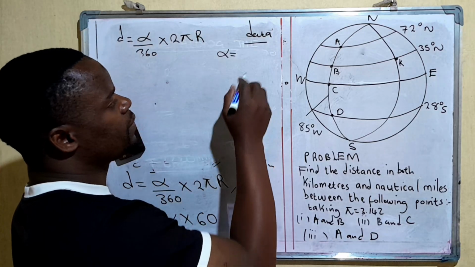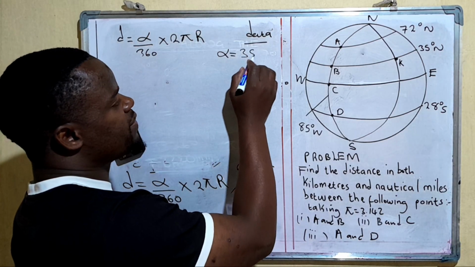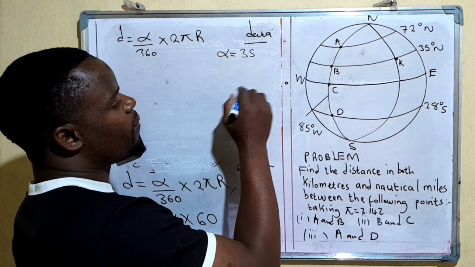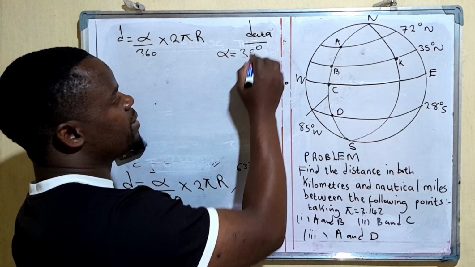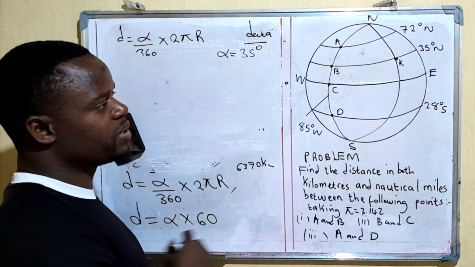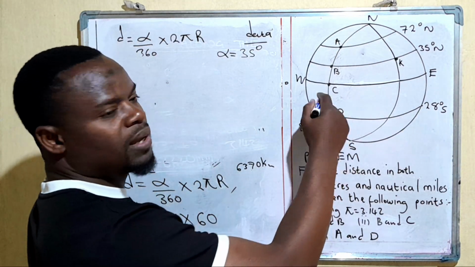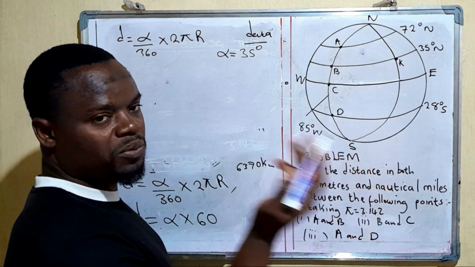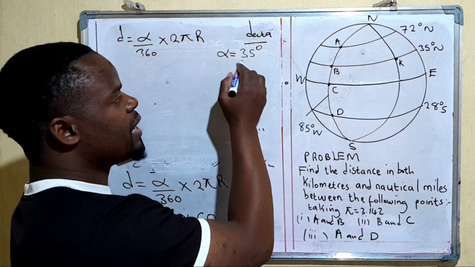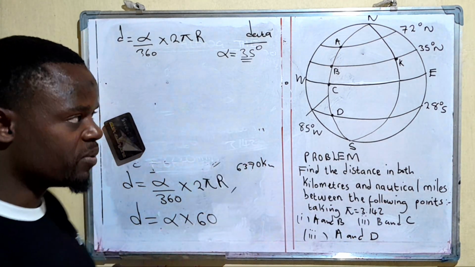So what we have is 35 degrees, because this one equates to 0. Whatever we do, whether we subtract or add, the answer will still be 35 degrees.